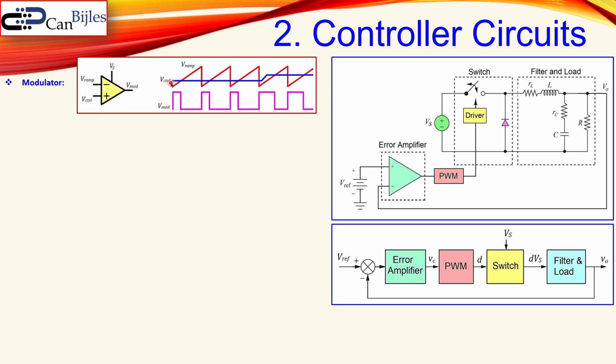So you can see here the blue line and the red line will be compared, and if the blue line is larger in value than the red line, then V modulation is high. And when the red line goes high, then you go down, so the modulation will go for example to 0 and then goes up, depending on the control signal.